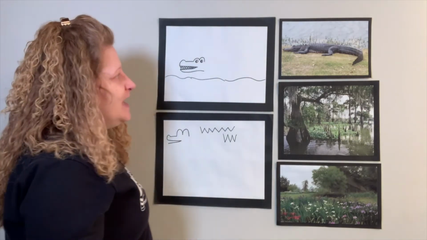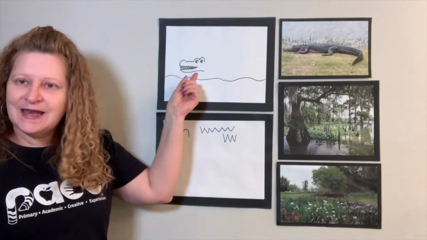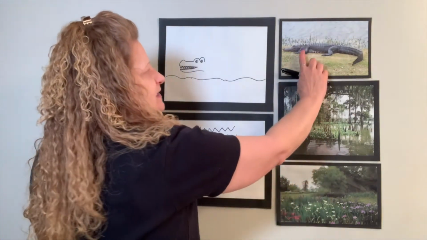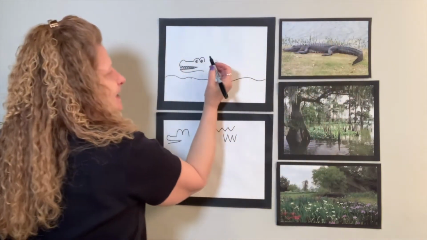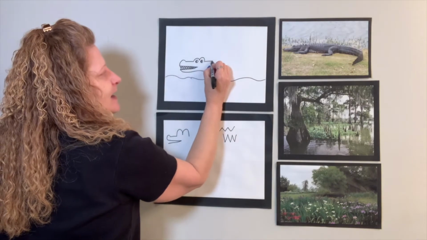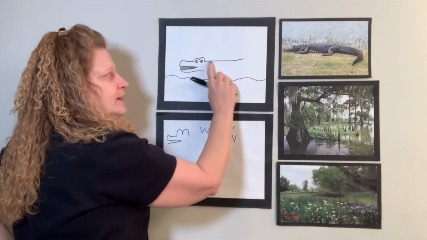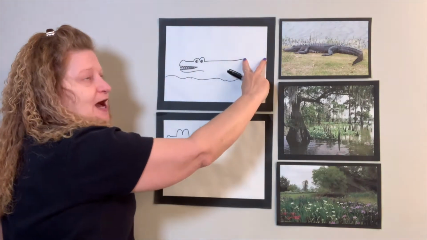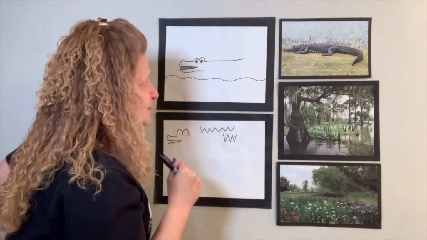All right, so now we have his head, and the next thing that we want to do is start working on the top part of his body. And so right by his eye, we're going to kind of draw a curved line, going from the left to the right, but stop about right here because we're going to need place for his tail.